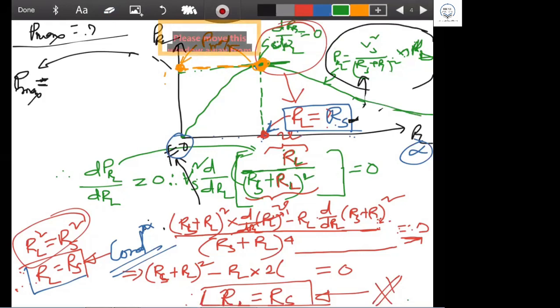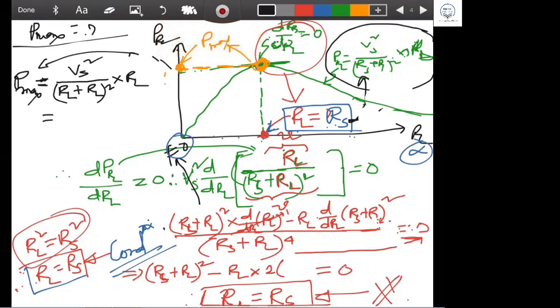So what is that? On the top is Vs square. And RS will be what? RL. So your load resistance value, RL, whole square, into RL. Can you do it now or still cannot do?